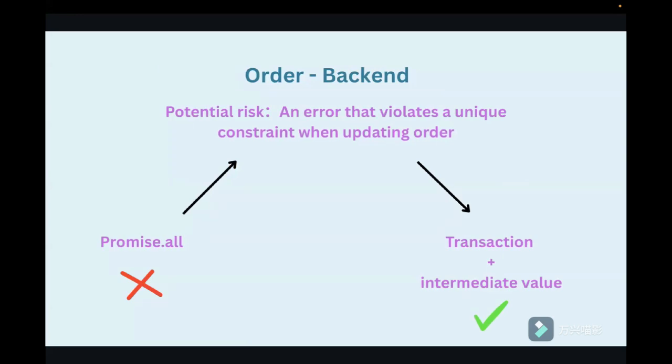Directly updating the orders might trigger a unique constraint violation due to the composite index. To handle this, we wrap the updates in a transaction and use a temporary order value, like an offset of 10,000, to break the uniqueness constraint before applying the final values, ensuring the process is atomic and safe.